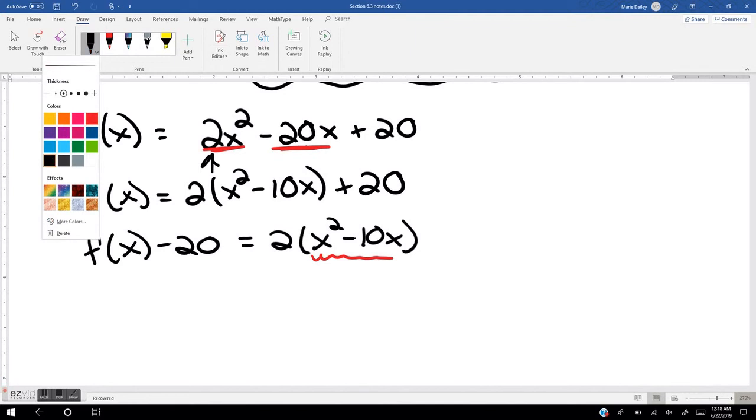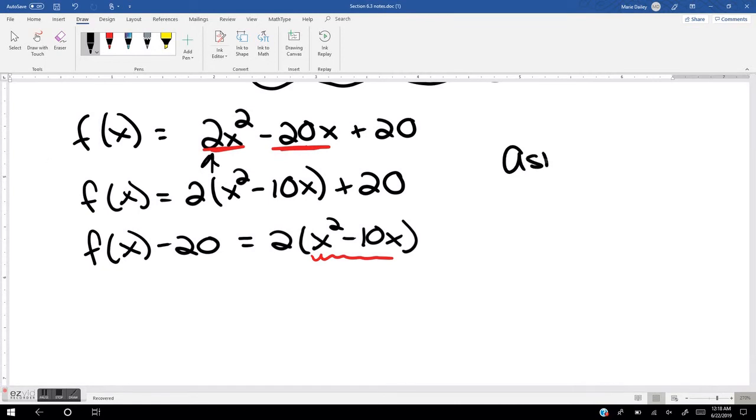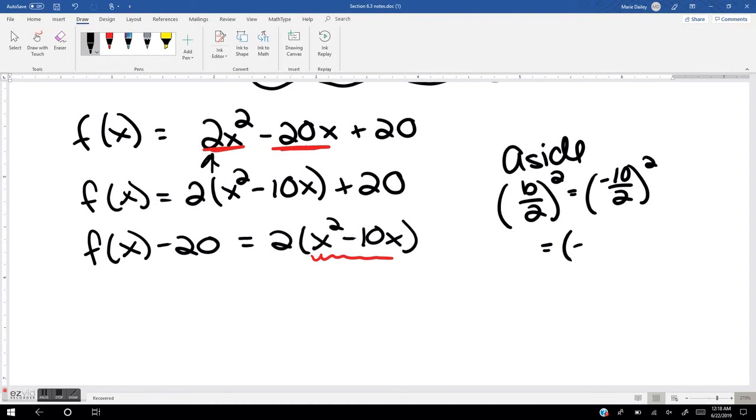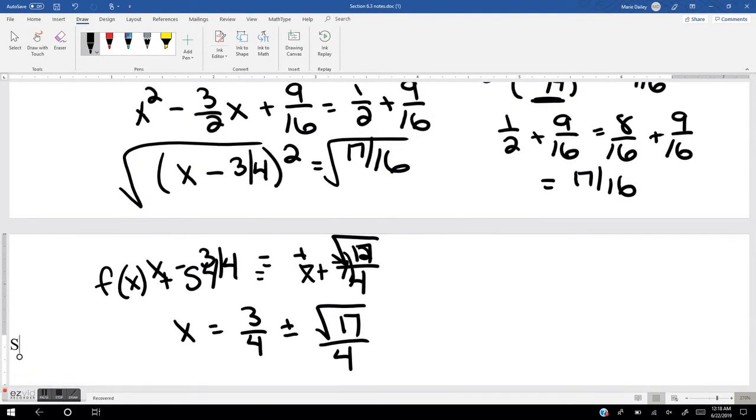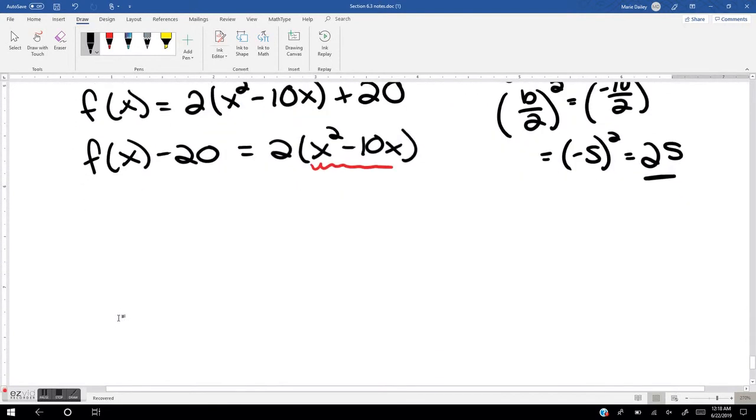So for just the x squared minus 10x, we're going to create the magic number just like we did before. That's going to be b over 2, and we're going to square it. This gives me negative 10 over 2 squared, which is negative 5 squared, which is 25. So 25 is going to be my magic number. Now, here's where it gets to be a little bit hairy.